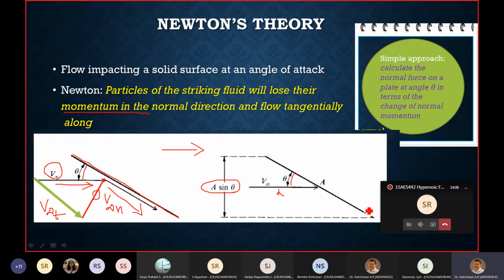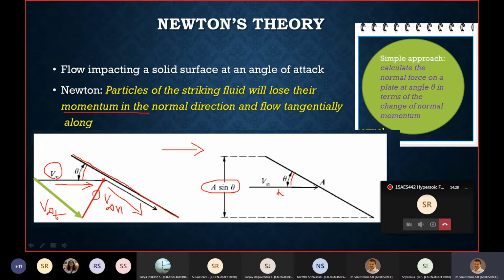So the projection at right angles, that is the normal area, is A sine theta. So we have the velocity V infinity hitting a normal component of the surface area, which is equal to A sine theta.